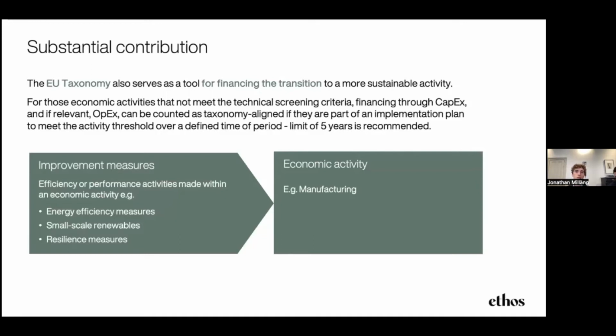So to market and to investors, you are not only reporting how aligned you are today, but you are also reporting how aligned you are going forward. What investments are you making to be a part of this journey to climate neutrality by 2050?